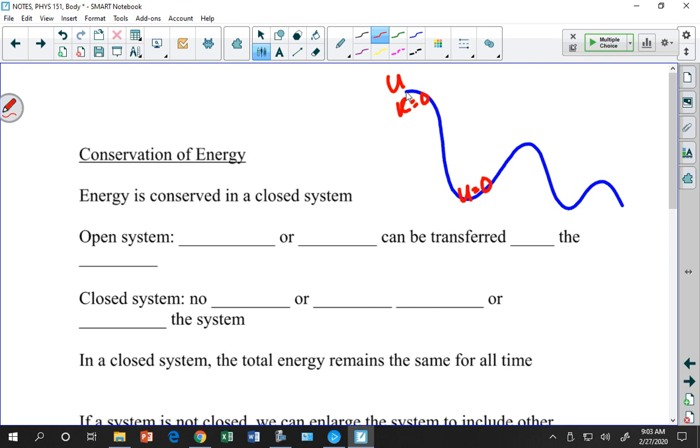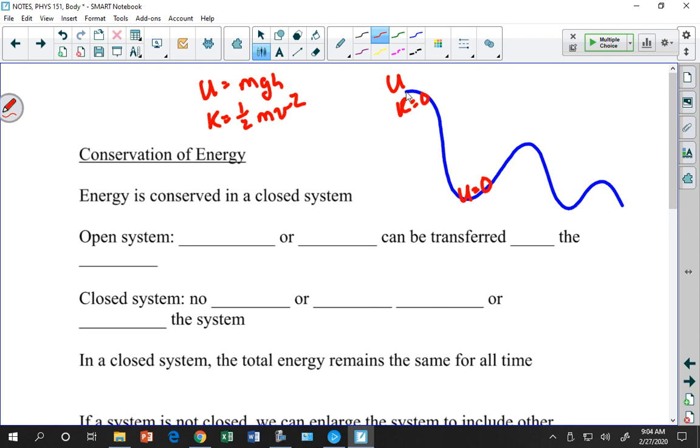And then down here, your potential energy would be equal to 0. Because remember, potential energy is dependent upon your height. How far away you are from the Earth, you'll have more potential for motion the farther away you are. And then our kinetic energy is dependent on the speed. So the faster you're going, the more kinetic energy you have.